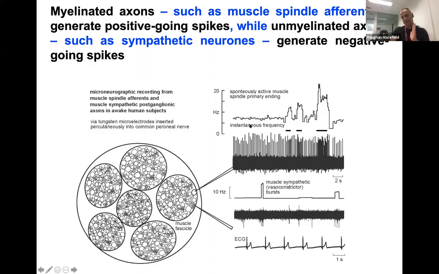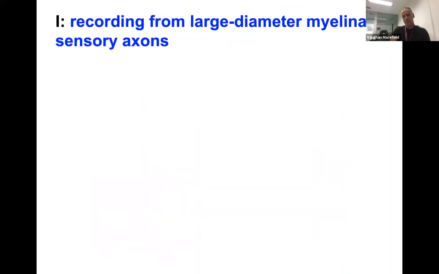So positive going spikes, myelinated axons; negative going spikes, C fibers or unmyelinated axons. So I'll first talk about myelinated sensory axons, afferents.